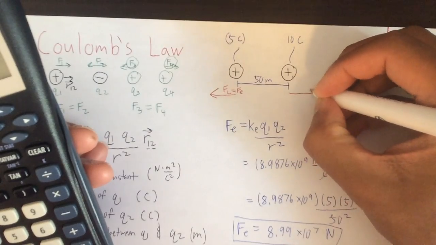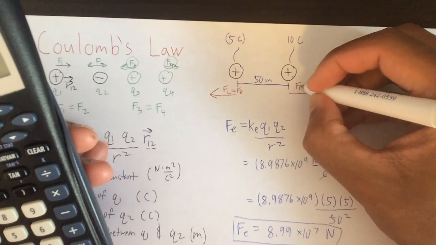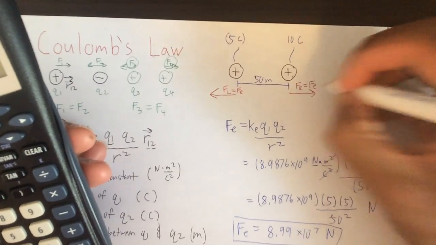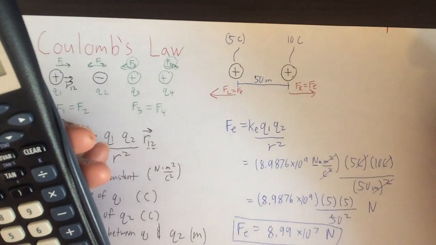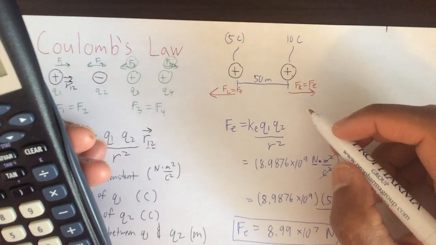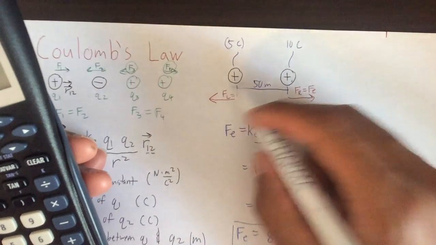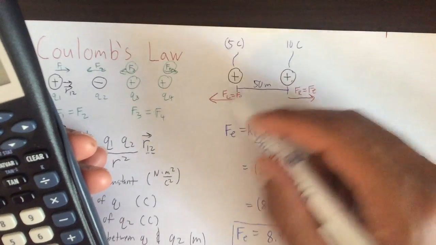It's going to be headed in the opposite direction, and we're going to call it F right, and it's also going to equal Fe. So that is the force that's felt by both of these charges in this situation.